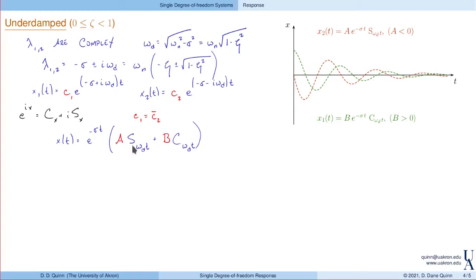We can now combine these two harmonic pieces into sort of a polar form. Right? So now we have an amplitude, e to the minus sigma t, times sine omega d times t plus a phase shift.